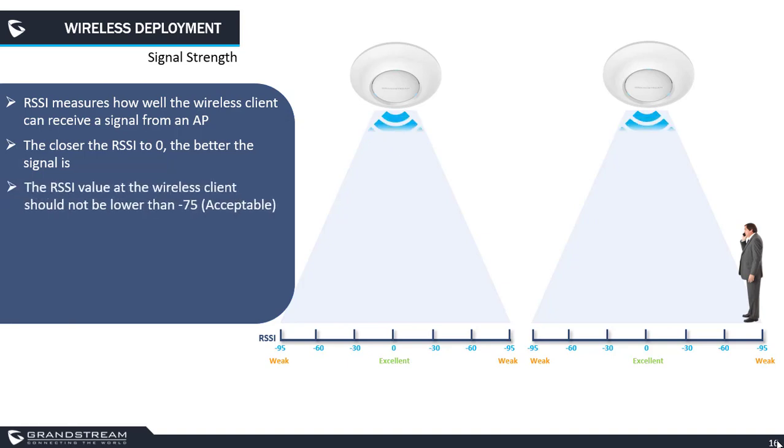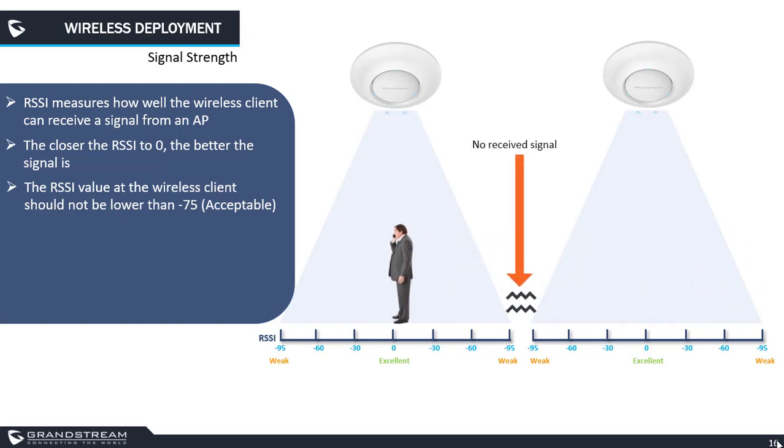To ensure an acceptable wireless connection, the detected RSSI at the wireless client should not be lower than minus 75. The RSSI is also important because it allows us to ensure that there are no gaps in your wireless coverage, because that could negatively affect roaming users.